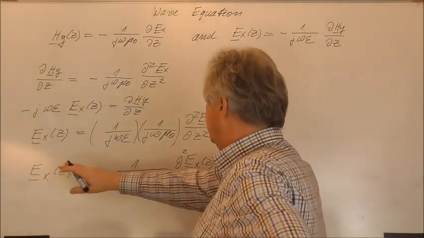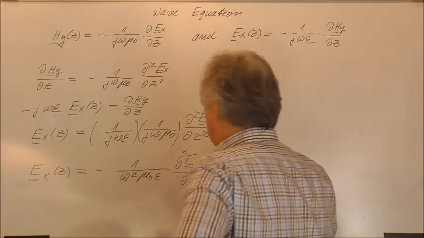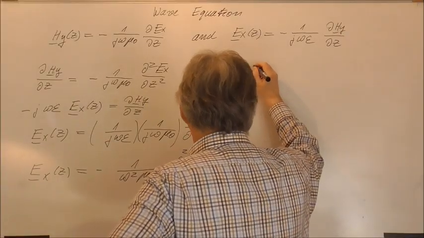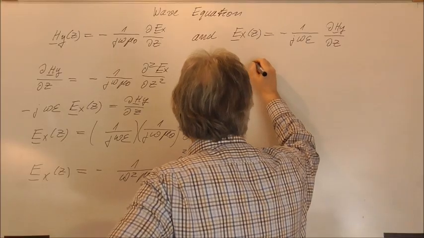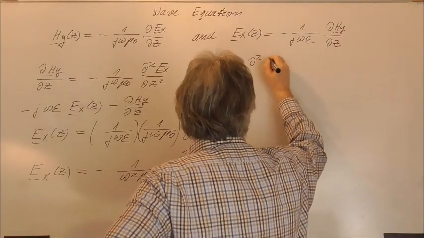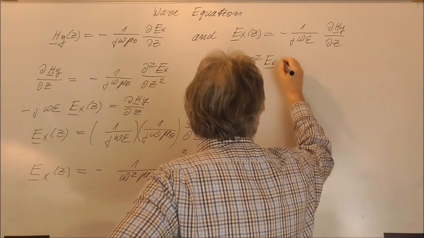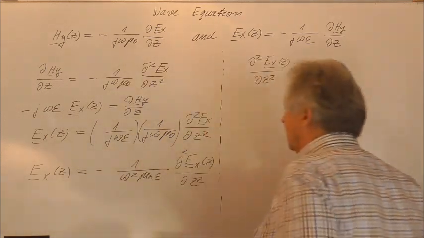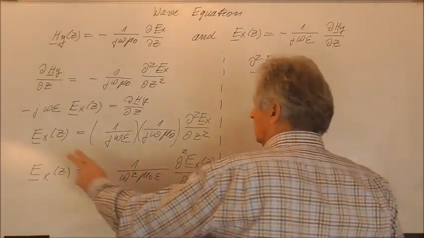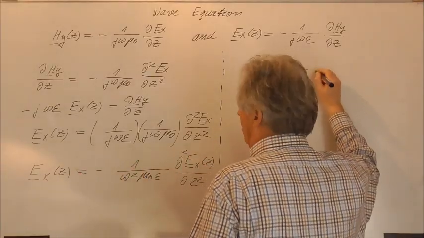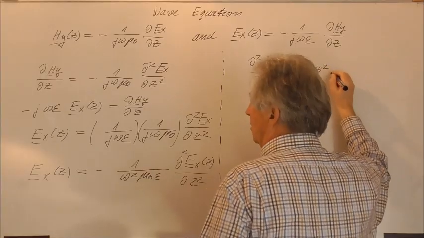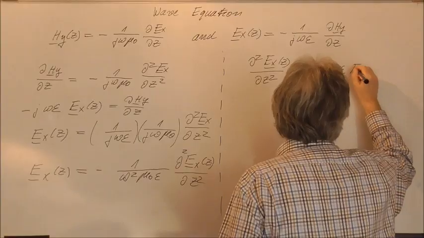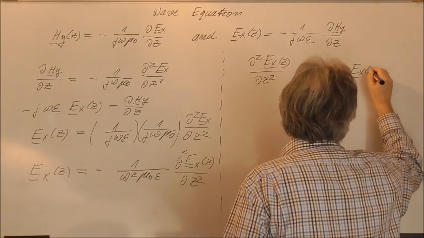You see we can bring this to the other side, and then we will have the second derivative of Ex of z, derived with respect to z squared, will be plus omega squared mu naught epsilon Ex of z.